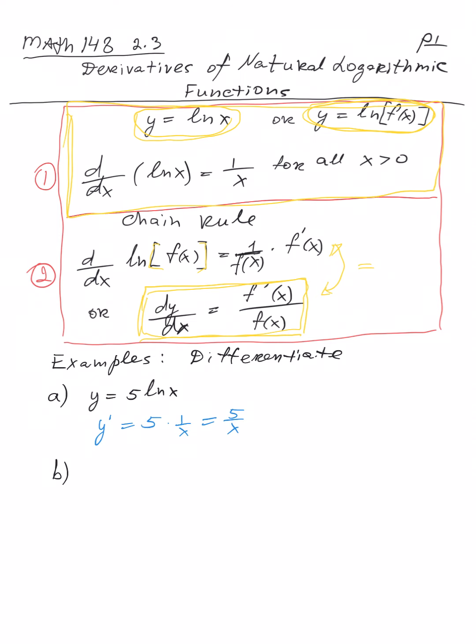Let's take a look at the second example, B. You have y equals x cubed ln of x plus 4x. I just want to point out that the first part of this expression is a product. I have x cubed and ln of x, and then the second one is just a very simple term.